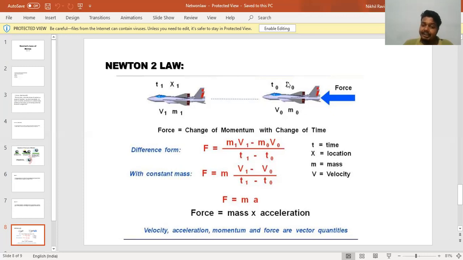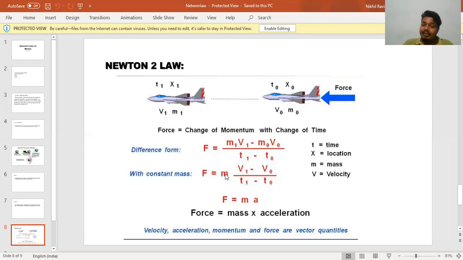That is acceleration, because it is final minus initial velocity divided by final time minus initial time, which we studied earlier.